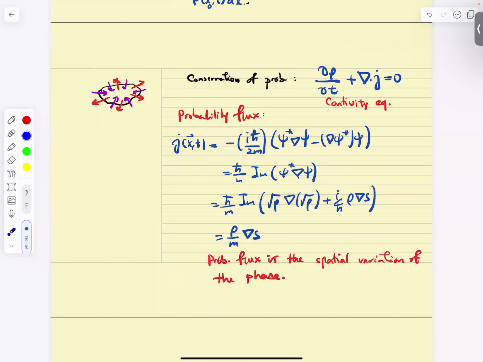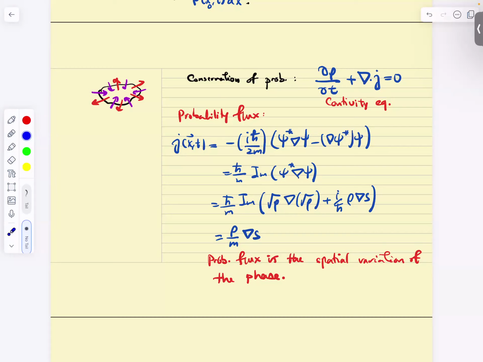Then we said, well, every time we talk about probabilities, you want to preserve them. So there's a conservation of probability. Does anyone know? Okay. The conservation of probability tells you that if you have a region of space, as the wave function evolves as a function of time, the net change in the probability for the particle to be in that region has to be equal to a probability flux that comes in.